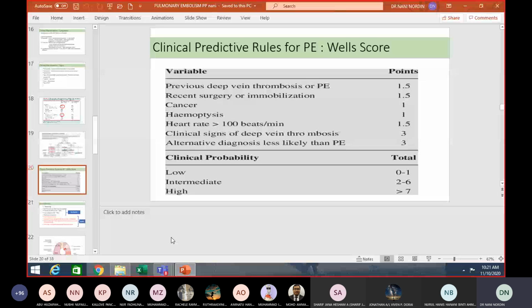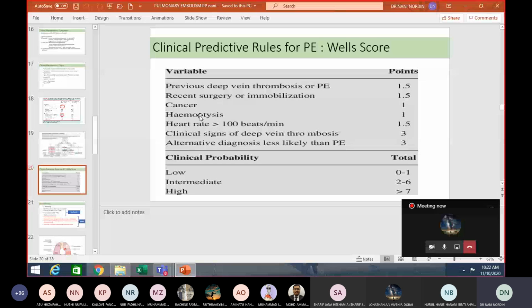So we're down to investigations and treatment. I mentioned earlier that you need to have high suspicion.